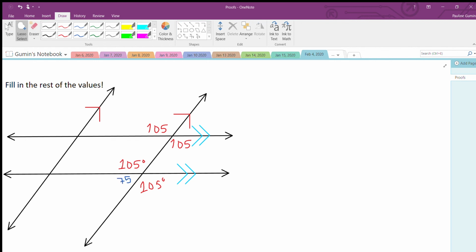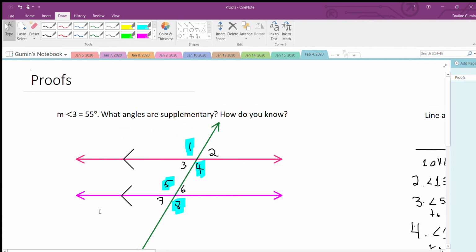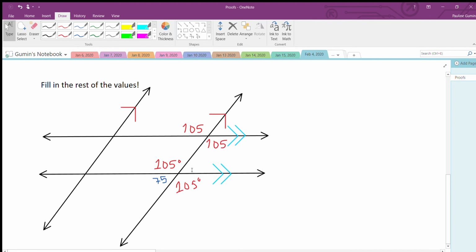Let's try that one more time before I give up. Lasso the 75. Yes. So this angle right here is going to be 75, and that's because they're vertical. Then let's correspond. This 75 corresponds with this 75. And then we have a vertical angle right there.